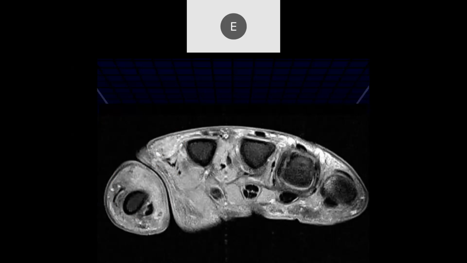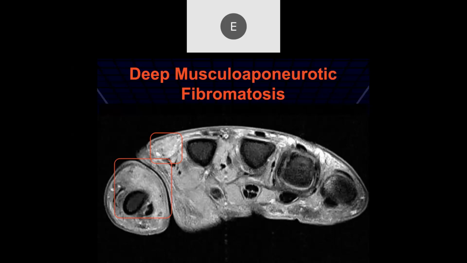There's the PD fat sat. Not a lot of fluid. So these were biopsied, and this was musculoaponeurotic fibromatosis. So this is another fibromatosis that can be kind of anywhere.